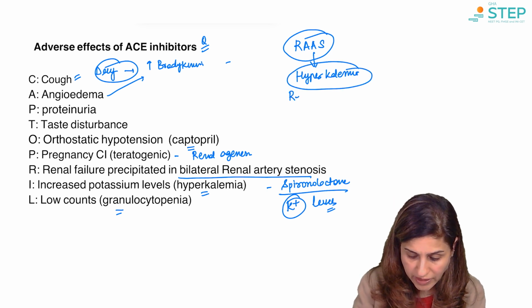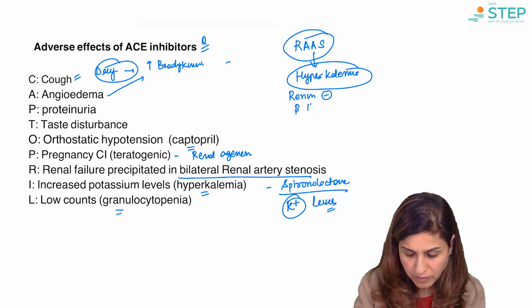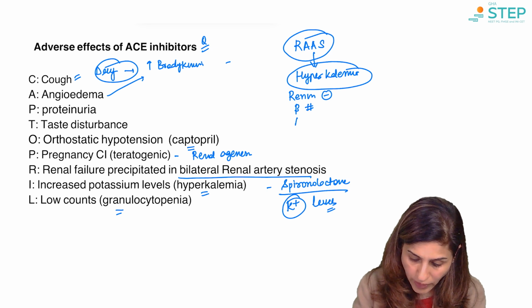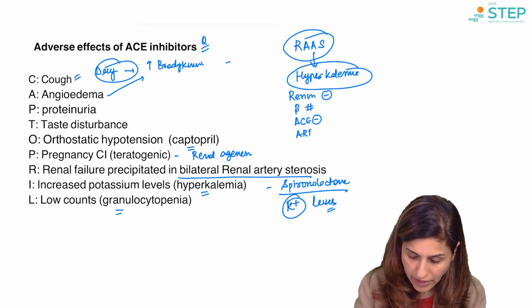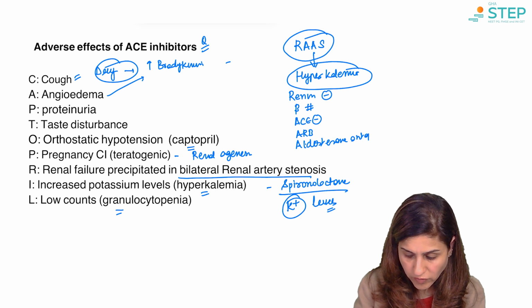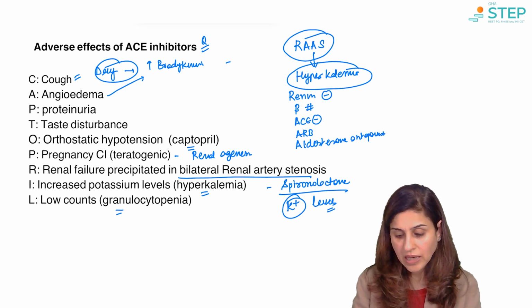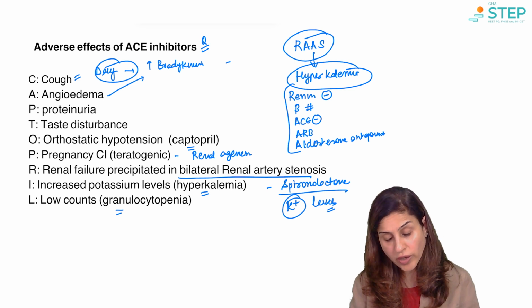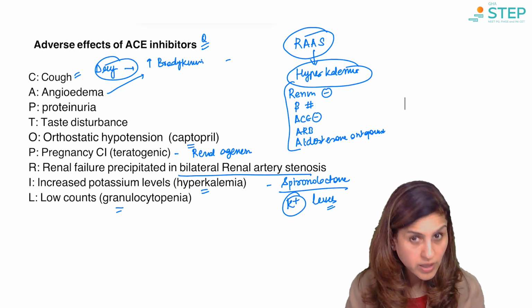So whether it is a renin inhibitor, whether it is your beta blockers, they act on the beta 1 receptors on JG cells, whether it is your ACE inhibitors, whether it is your ARBs, or whether it is your aldosterone antagonist, spironolactone, they all will have hyperkalemia as a side effect because they're all going to inhibit the effect of aldosterone.